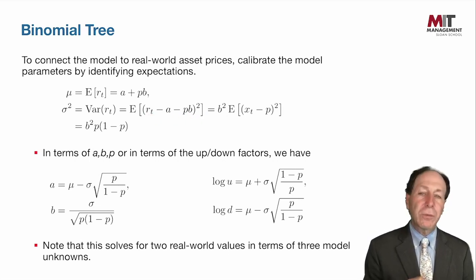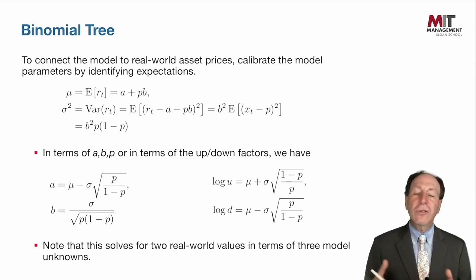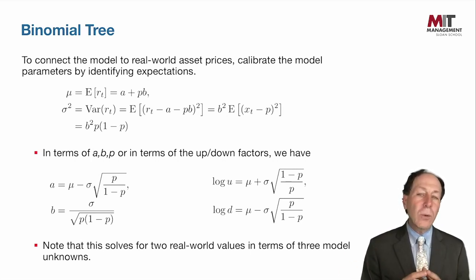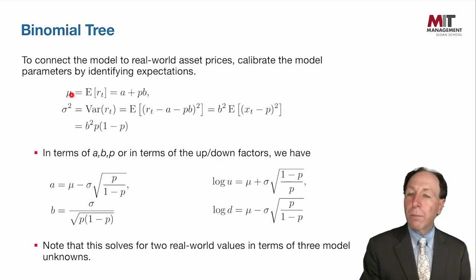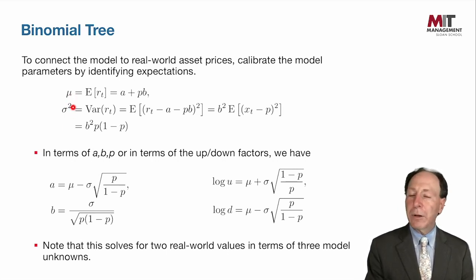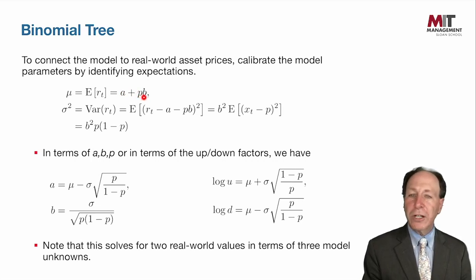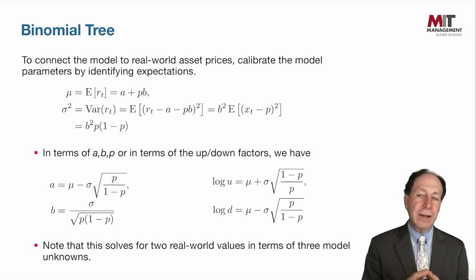So we put in the distribution of our binomial variables, we have some extra parameters, we compute, and we have expressions now for mu and sigma squared, which are things that we can estimate and think about in terms of real-world asset prices, their mean and their variance. We can connect them to model parameters in the random walk: the step size, A and B, the coefficients of the step formulation in the Bernoulli form I just showed you, and P, the probability.